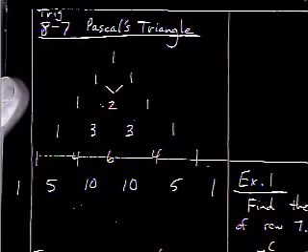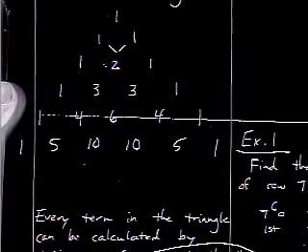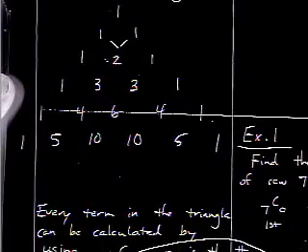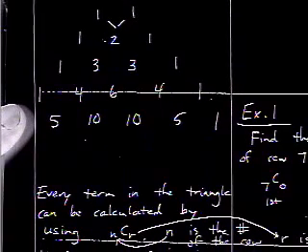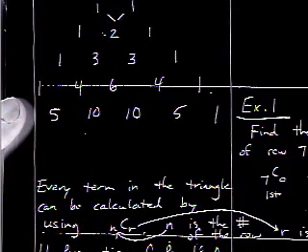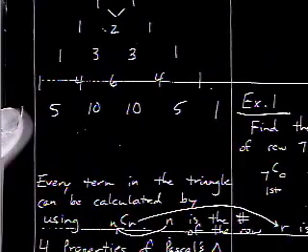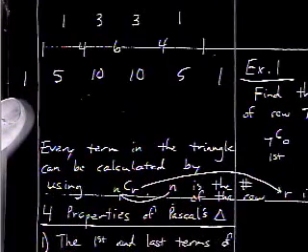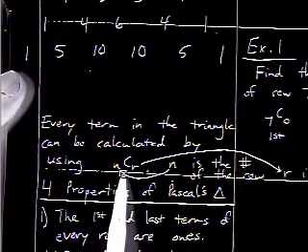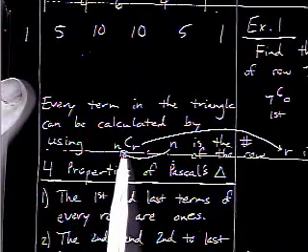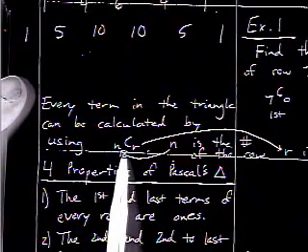Triangle. So every term in the triangle can be calculated, so we do not have to build a massive triangle to find a particular entry. Every term in the triangle can be calculated by this, nCr. That's combinations.